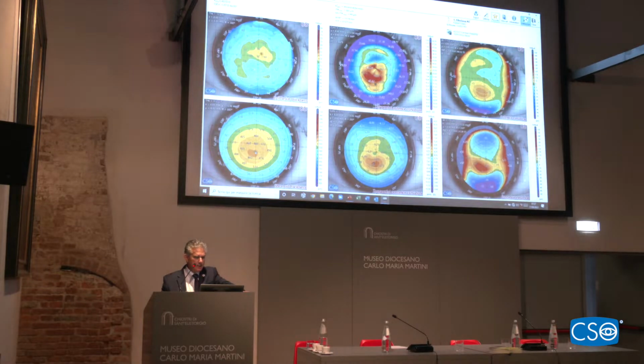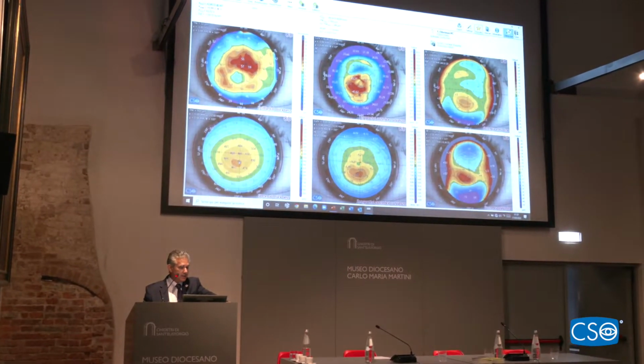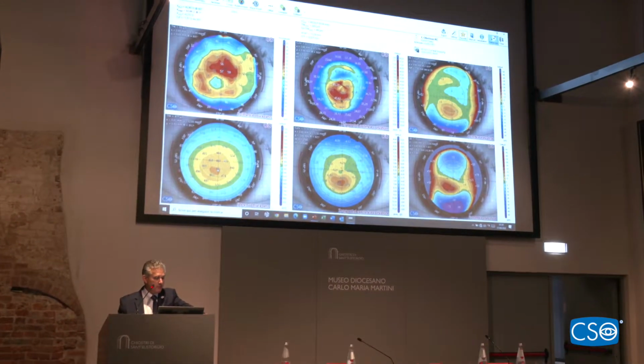Here you're seeing inferior steepening on the tangential map, and you're seeing that the epithelium looks thinner in the region of the inferior steepening. Now, you can right mouse click here and normalize the color scale. This exaggerates the scale from the top to the bottom of the map.